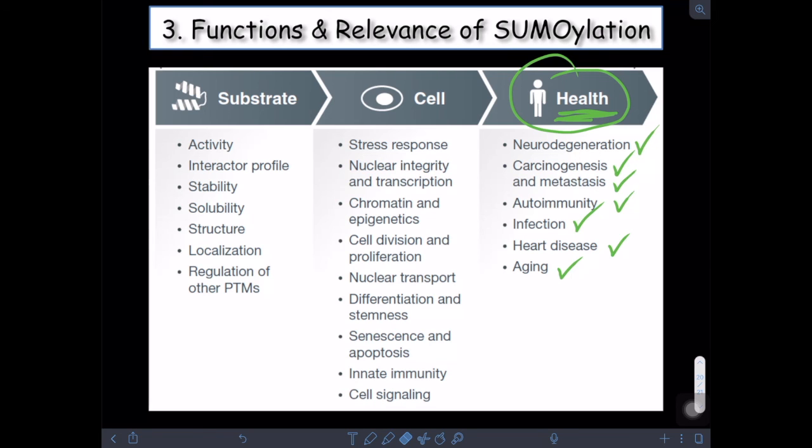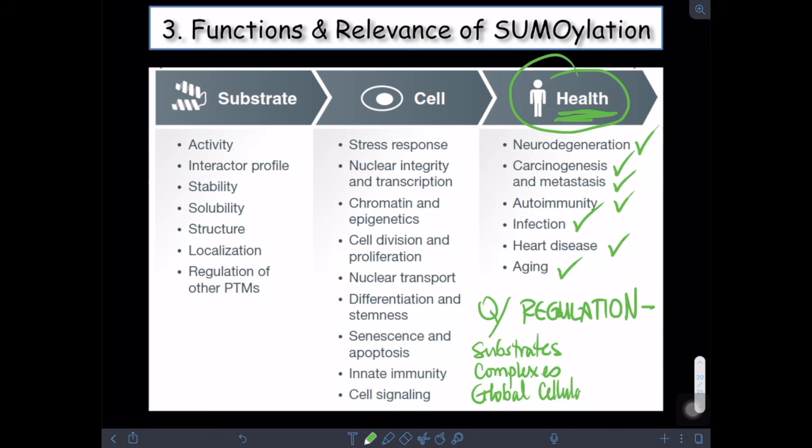Some of the most pressing questions in the SUMO field are related to the actual regulation, not only of the SUMOylation of specific substrates, but also of SUMO substrates when they are present in large protein arrays, as it has been observed that there is mass SUMOylation of proteins within large protein complexes, and also the way in which the whole system can be modulated to trigger large increases or large decreases in cellular SUMOylation as a whole.